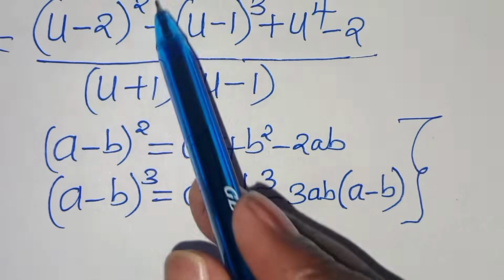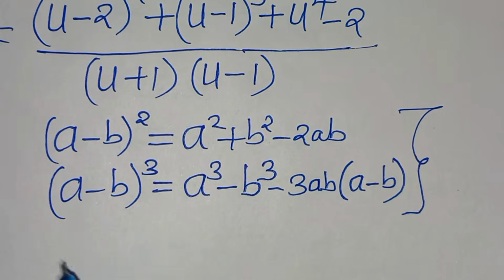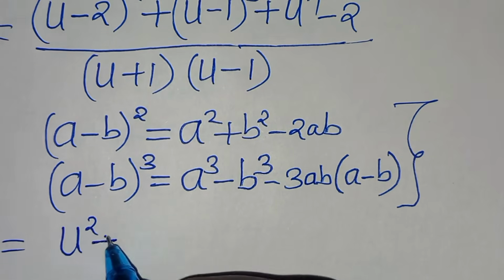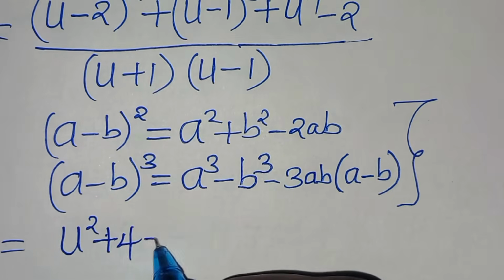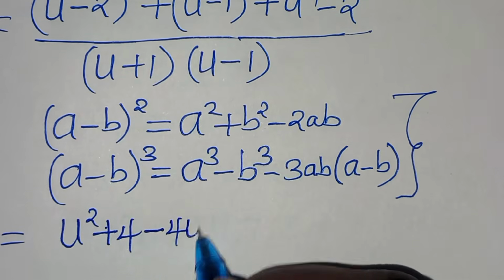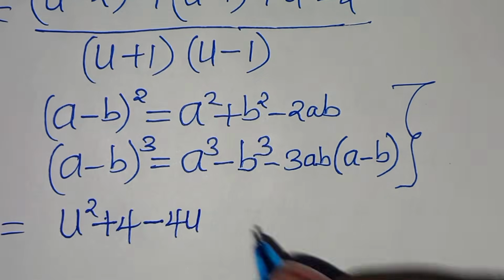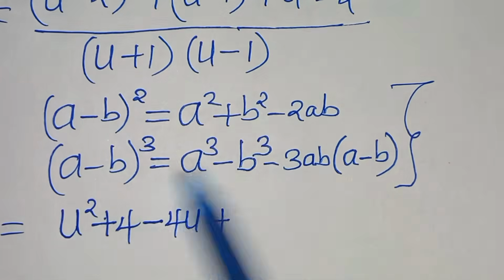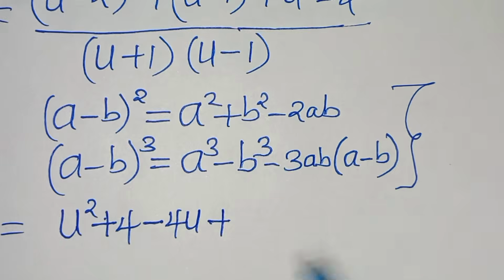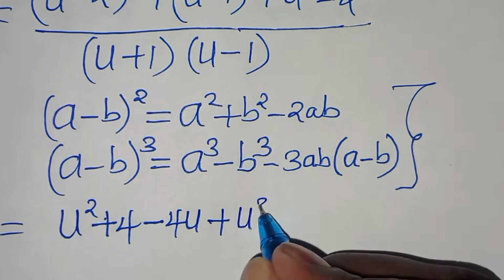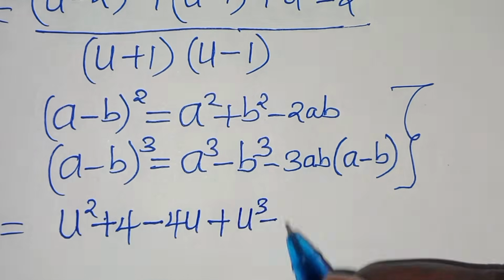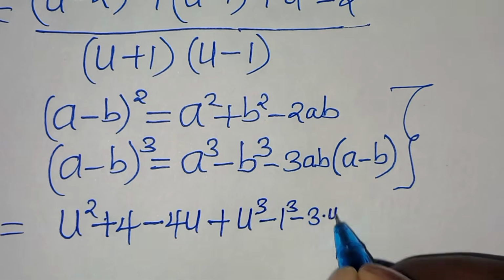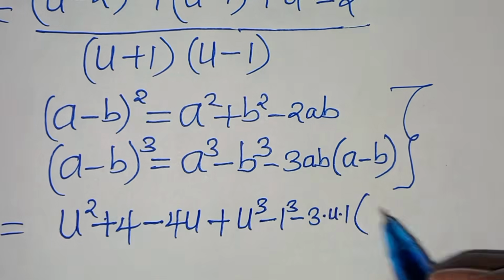So u minus 2 to the power of 2, this becomes u to the power of 2 plus 4 minus 4u, then plus, now let's apply this formula here, so that now we have u to the power of 3 minus 1 to the power of 3 minus 3 times u times 1 into the parentheses.